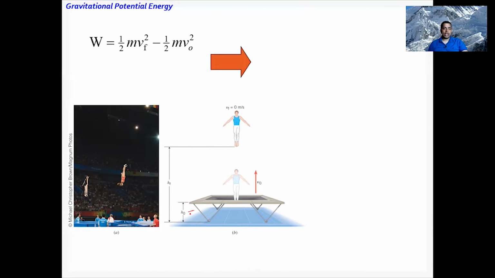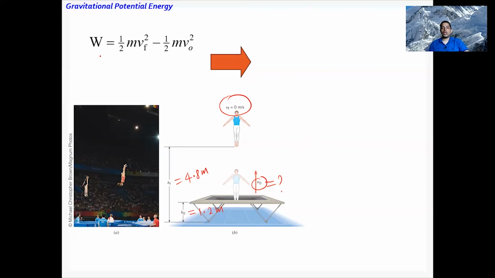So we are given that the initial height is 1.2 meters and the final height is 4.8 meters. When it reaches the maximum height, the velocity is 0. Final velocity is 0. So we need to have some initial velocity, otherwise it cannot go up. So you need to find that initial velocity.